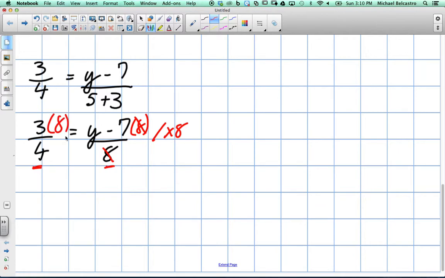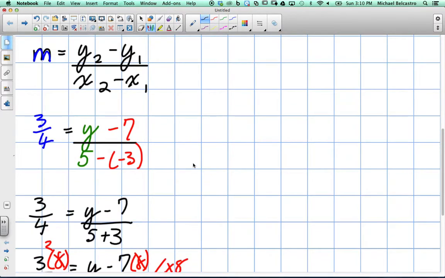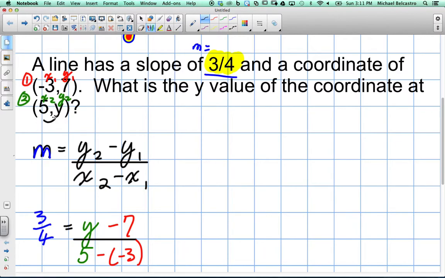Over here, 8 divided by 4 gives a value of 2, so it's the equivalent of just doing 3 times 2. We get 6, is equal to y minus 7. When I bring 7 to the other side, it becomes positive. So 6 plus 7 equals y. y is 13.